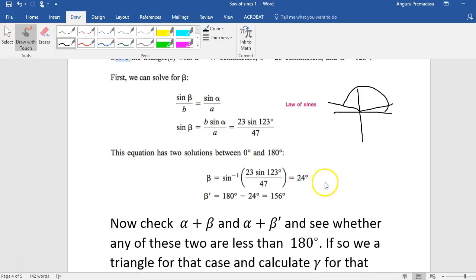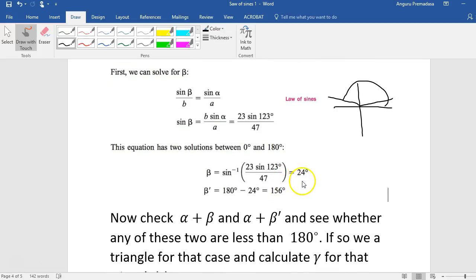So once again, I first found sine beta, and I got one value for beta, and then you subtract that value from 180 and get another value for beta. We need to check whether these two betas both give triangles, or one of them, or neither.